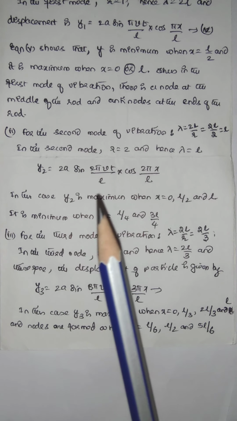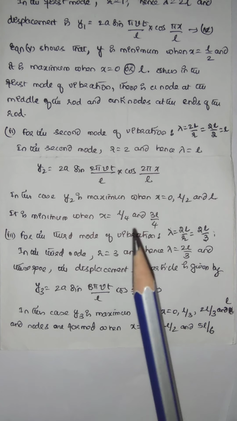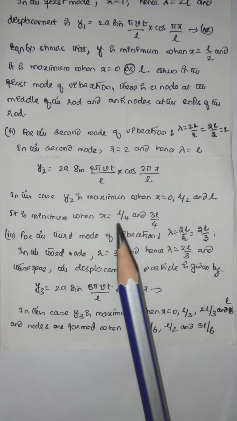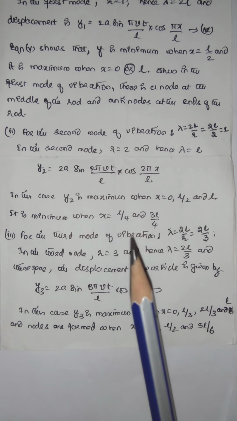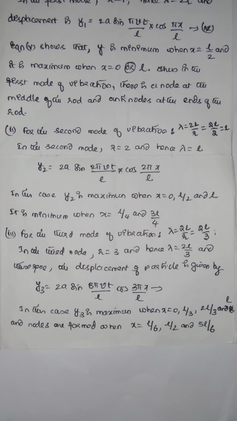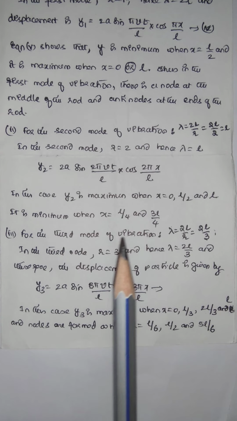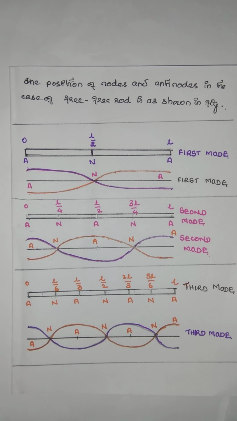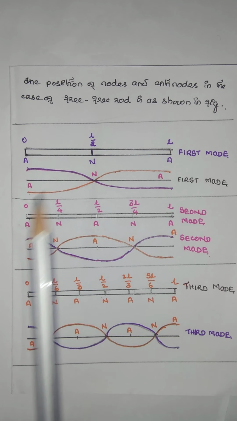In this case, y2 is maximum when x is equal to 0, l/2 and l, and is minimum when x is equal to l/4 and 3l/4. And this is for the second mode of vibration.